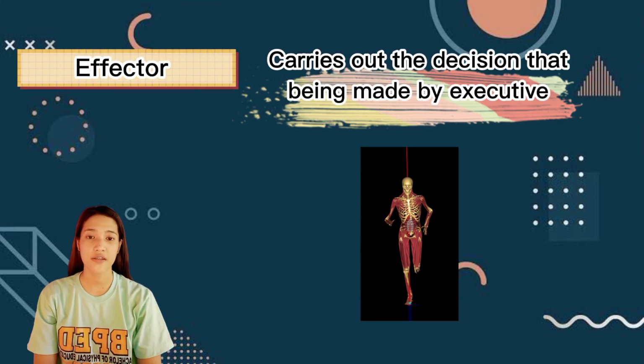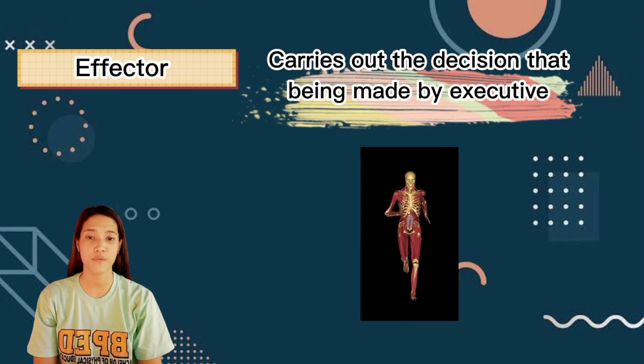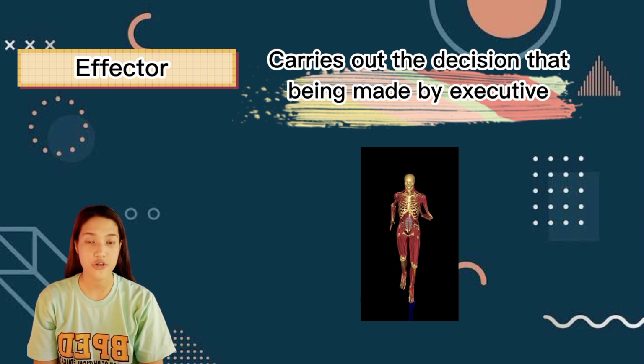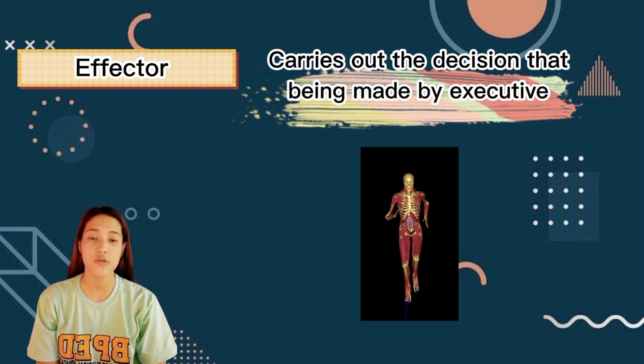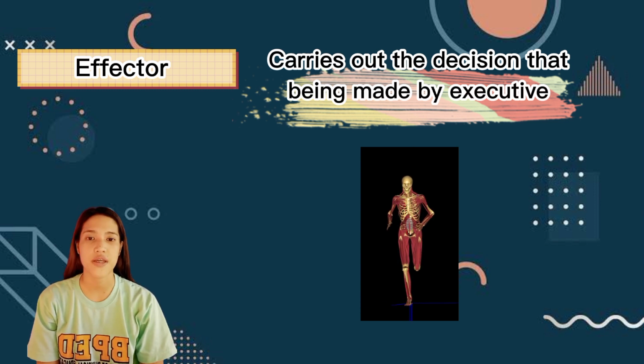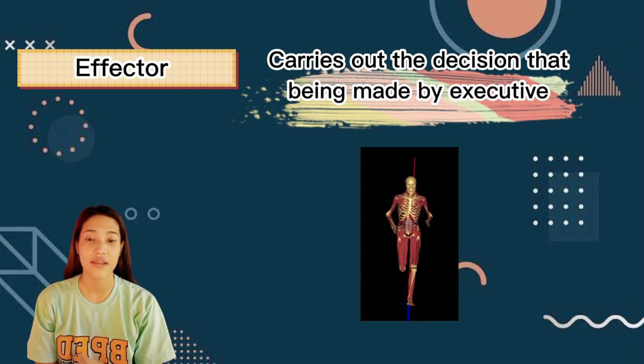Next, the second component of closed-loop control system is the effector. It carries out the decision that is being made by the executive. It is also known as the action of the executive. So, when we say effector, ito yung execution ng isang decision na ginawa ni executive. The executive makes the decision and the effector will execute the decision.